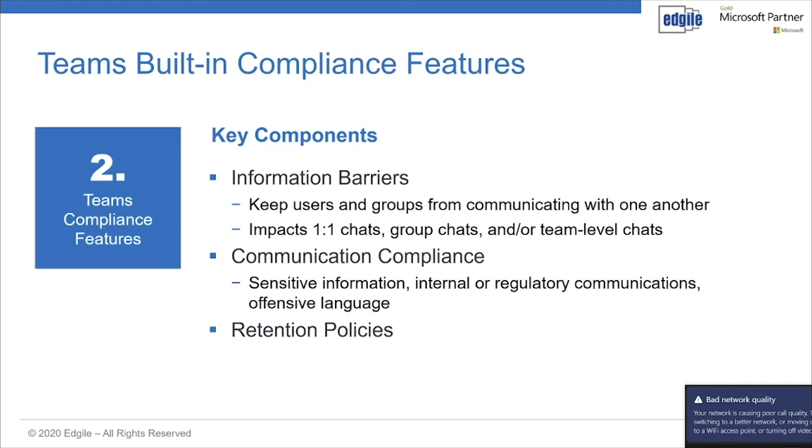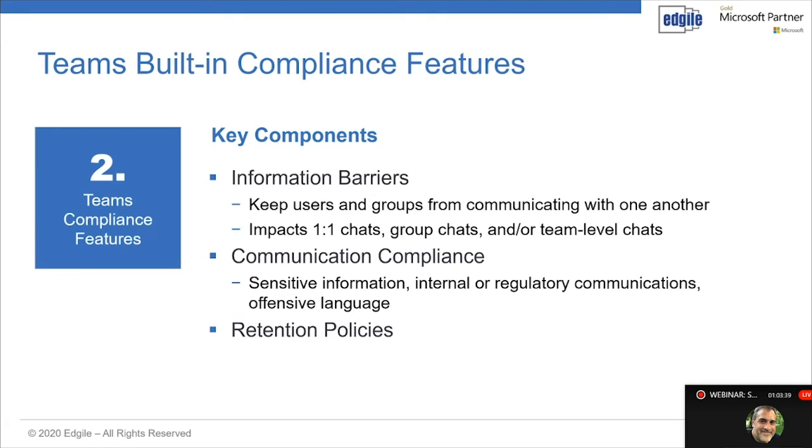So for example, if you have a part of your organization that's working on a joint venture, and maybe it's something that's a super secret project, you may want to put a barrier around that group so that those groups can communicate with each other, but other groups can't see their information. This may be information that they post as files. This could be group chats, team level chats, meeting notifications. So do know where your barriers are and where you need to protect information.